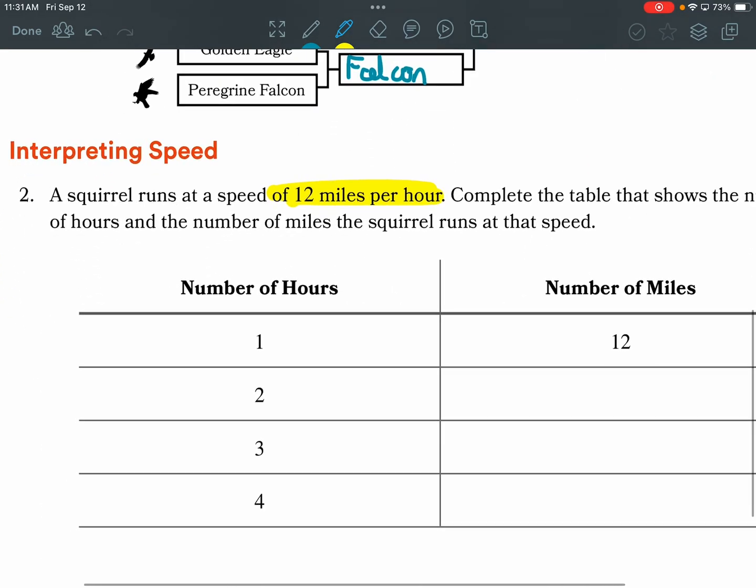They want you to fill out the table. Go. At 12 miles per hour. They've already got the hours filled out.